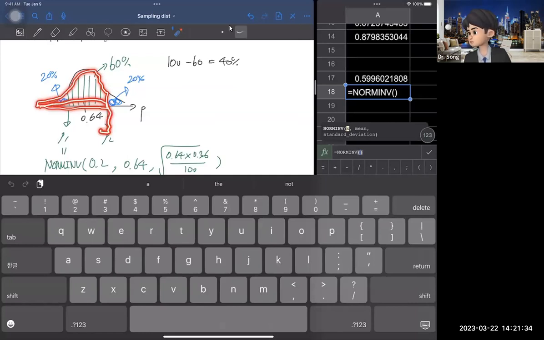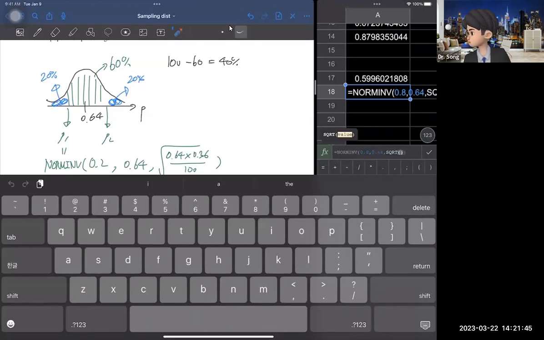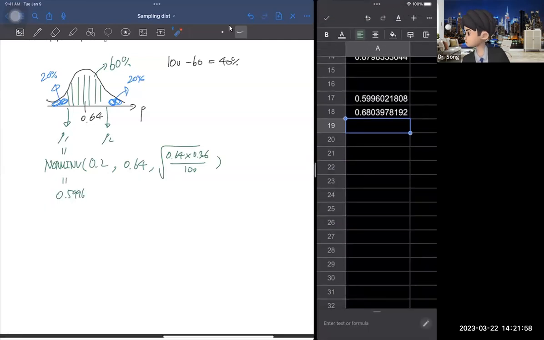Then I will have this P2. Okay, so that's why I need to put 0.8. Again, the same mean of 0.64, and then the standard deviation is square root of 0.64 times 0.36 over 100. Then that is 0.6804.